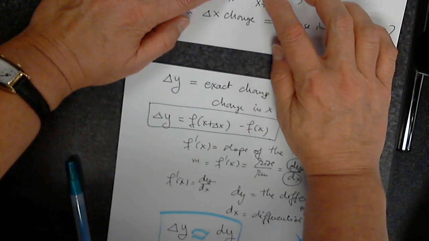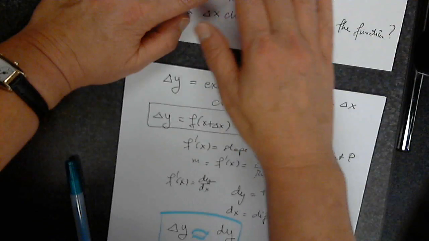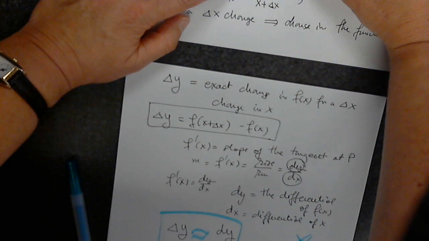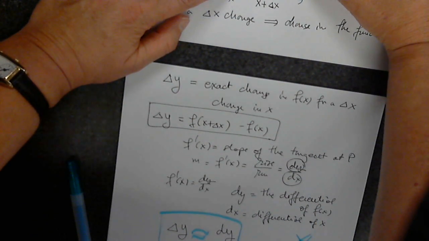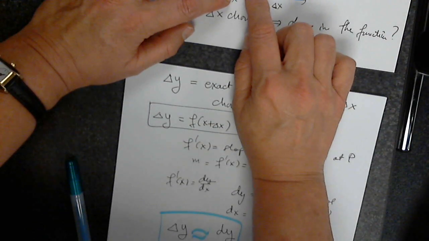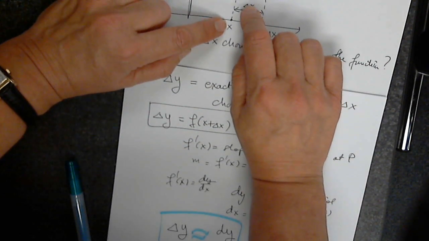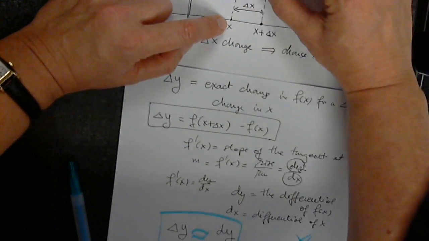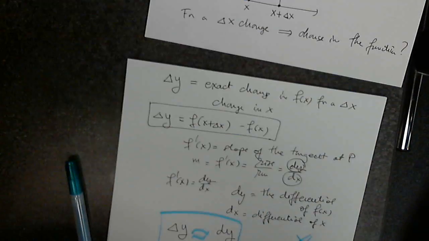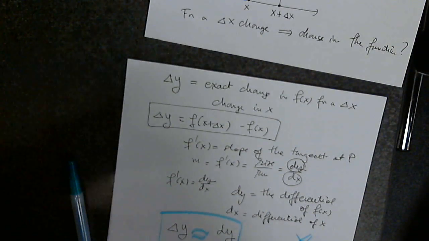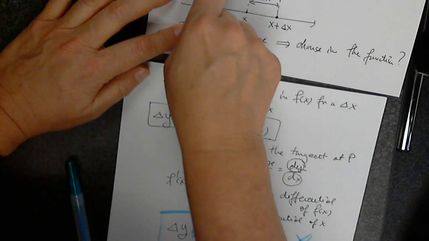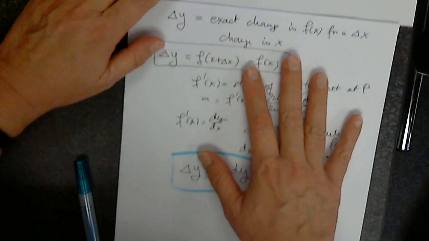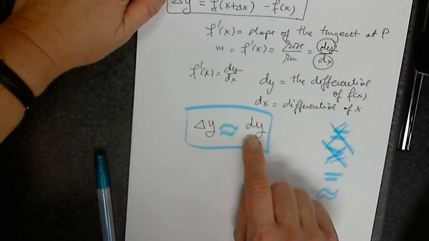But if you say, oh, delta x is 5, then this will be tiny and this will be big, or the other way around. But if you're talking about a tiny difference in x, then these two should be right on the money. And yes, you will not want to do this. You will want to determine this.